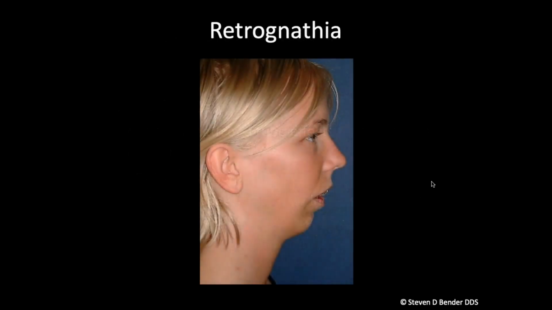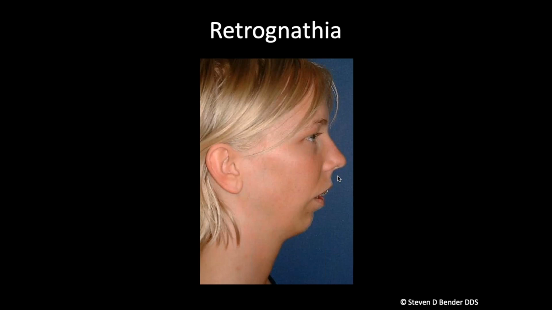So with these smaller airways, and this is another example, you can see the small airway, this small lower jaw, and also notice that this patient is mouth breathing. So with this smaller airway, the person is less prone to breathe through their nose because they probably have a narrow nose that we'll talk about in just a minute, and they establish oral breathing throughout their life.